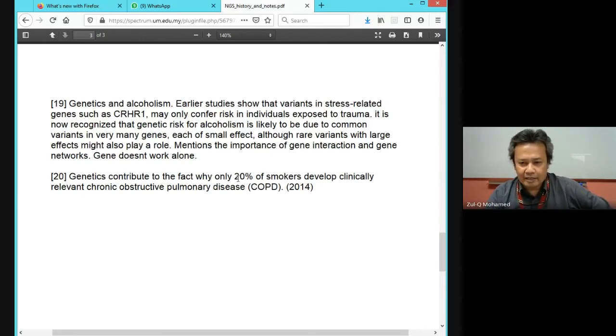It says, why only 20% of smokers develop clinically relevant chronic obstructive pulmonary disease? Because of genetics, right? So that means some people, like my late grandfather, for example, you never saw him without any cigarettes. He was always smoking. I remember when he came to the house, he was always asking my father to buy him cigarettes and so on.